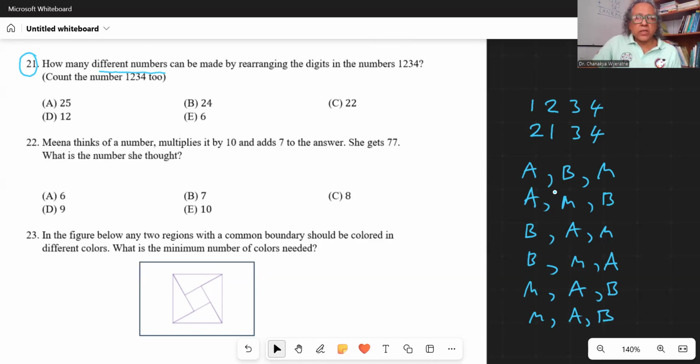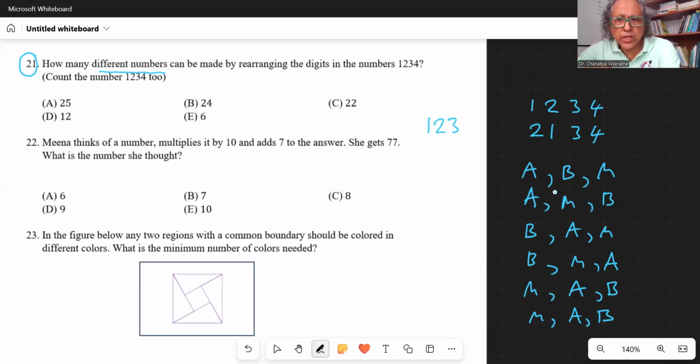Now, if you take 3 digits, let's say the number 123, how many numbers can you make by rearranging the digits in this number?